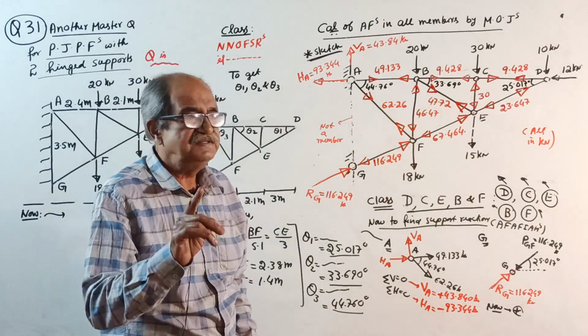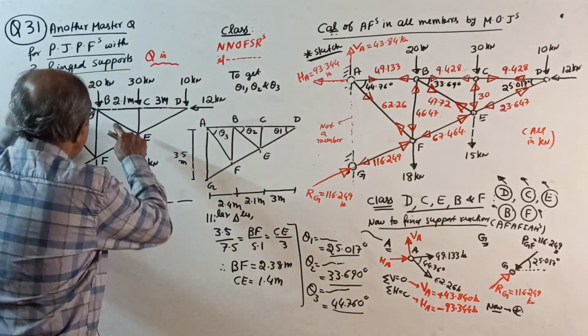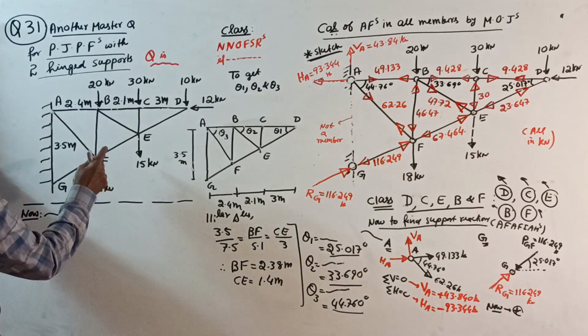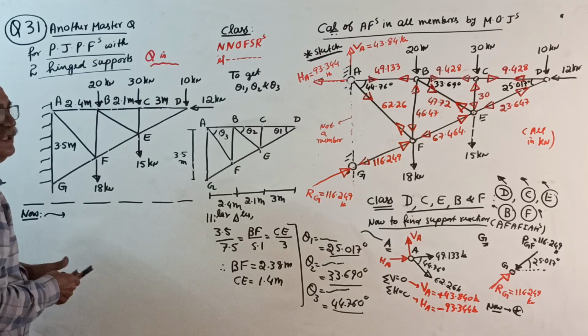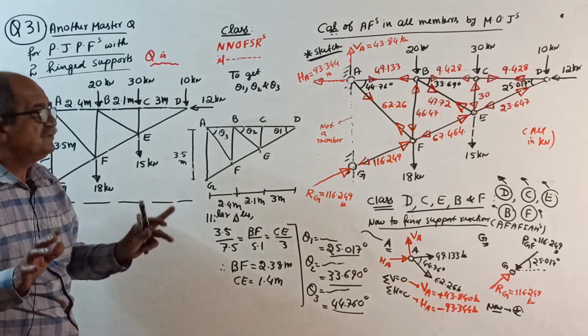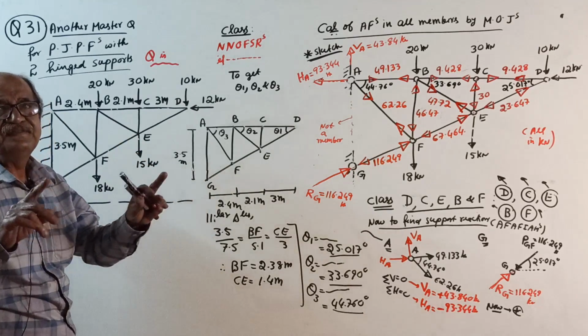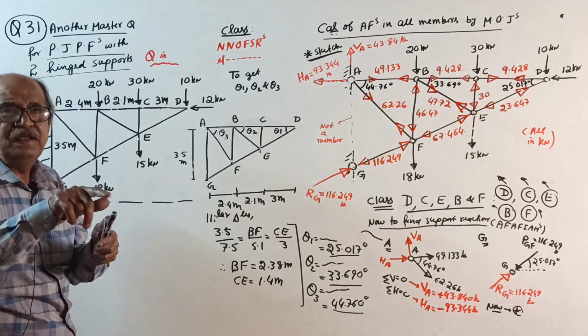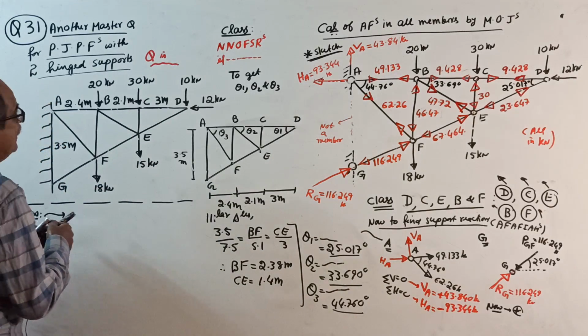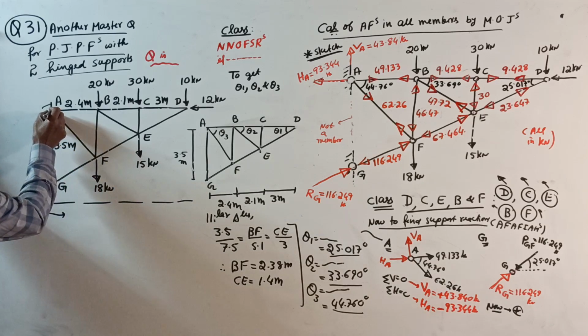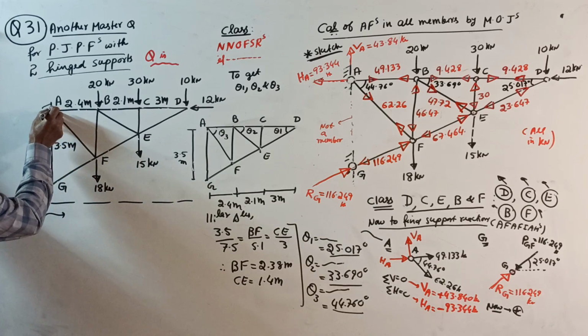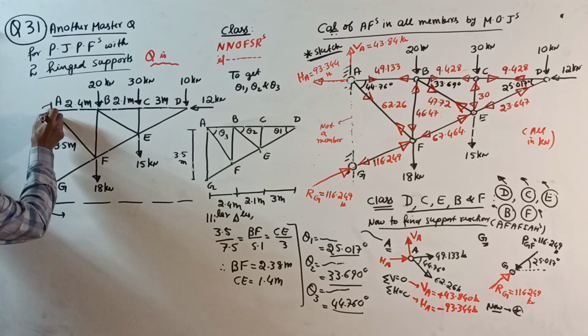for 1 or 2 marks, you don't need to write the sketch once again. In the question paper, the sketch is there. On that sketch, mark in pencil. Very important: mark a hinge here.